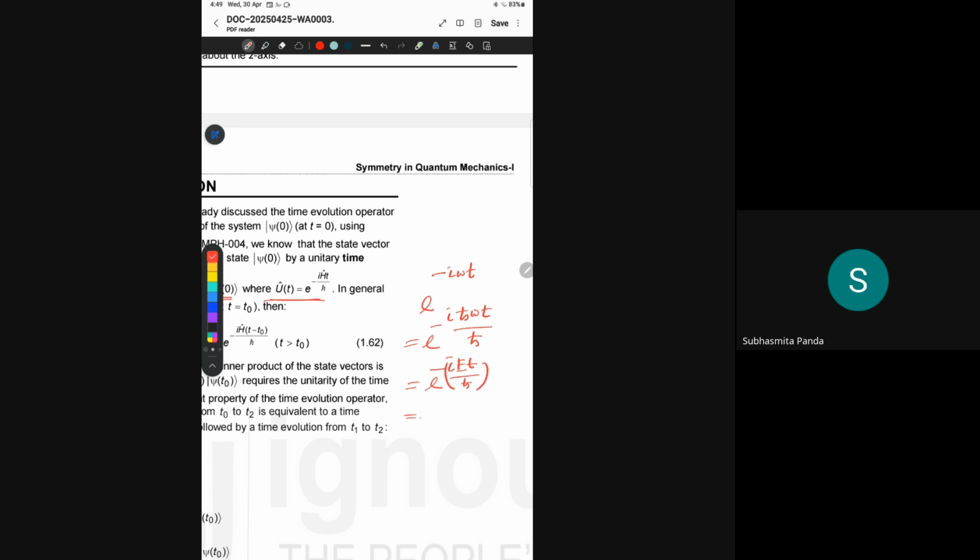Where does E come from? H psi is equal to E psi, so e to the power minus i H operator t by h cross. Is that understood?